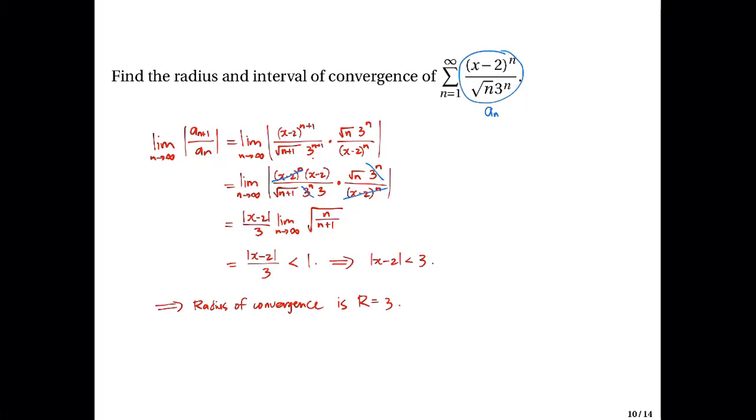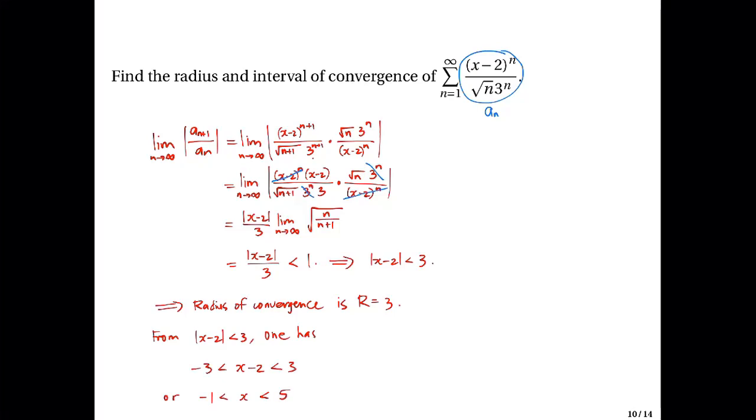For the interval, from absolute value of x minus 2 less than 3, we have negative 3 less than x minus 2 less than 3. Or this guy here, we will get negative 1 less than x less than 5.